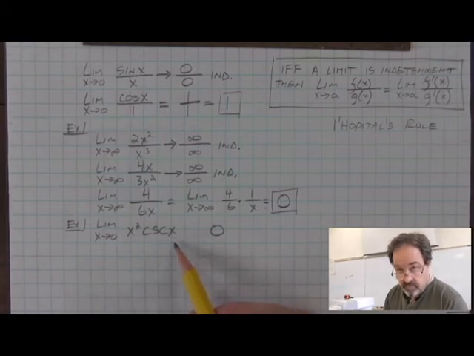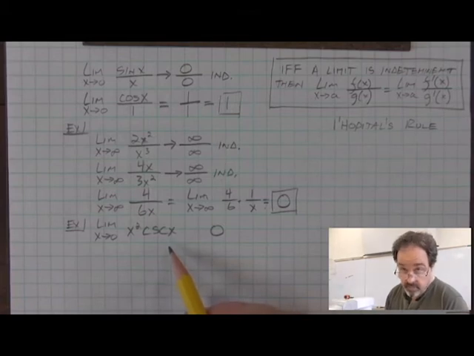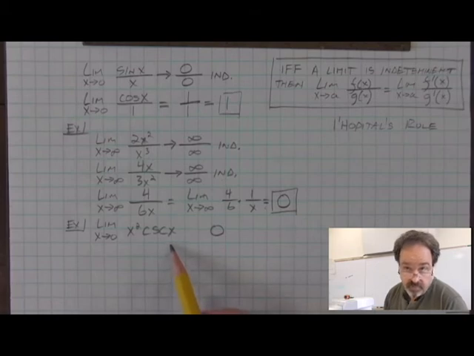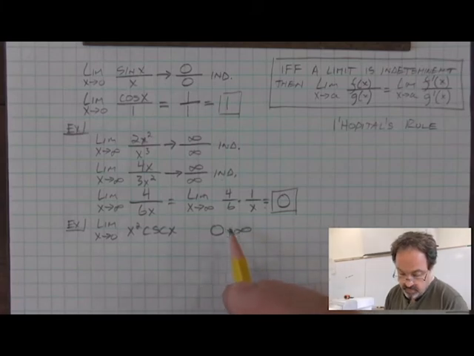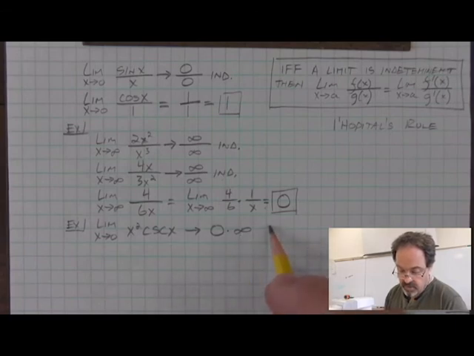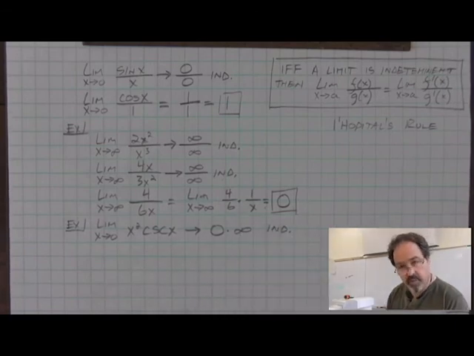So the cosecant of 0 is the same thing as 1 divided by the sine of 0. The sine of 0 is 0. And so as x approaches 0, cosecant of x approaches infinity. That's 1 divided by 0 approaching infinity. We have not determined the limit. The limit is 0 times infinity, which is also indeterminate.